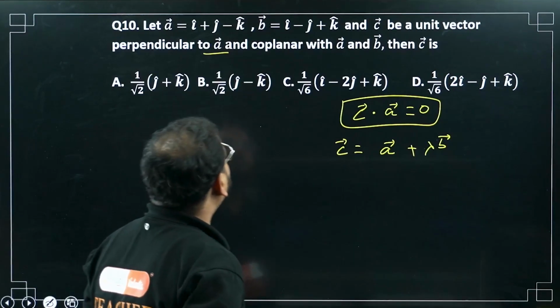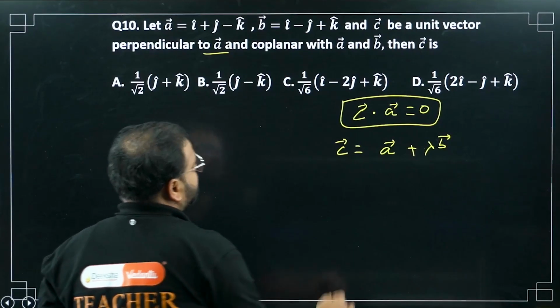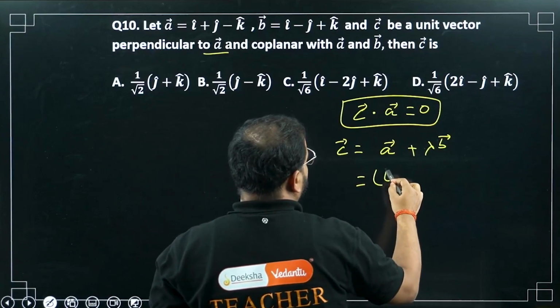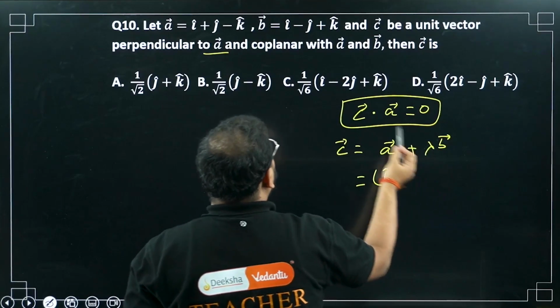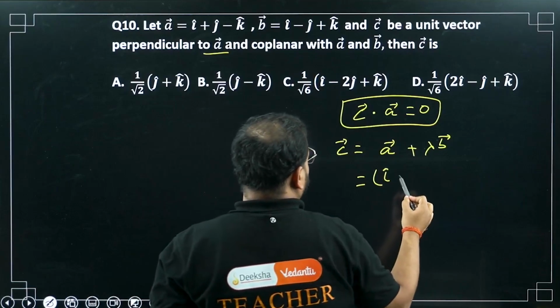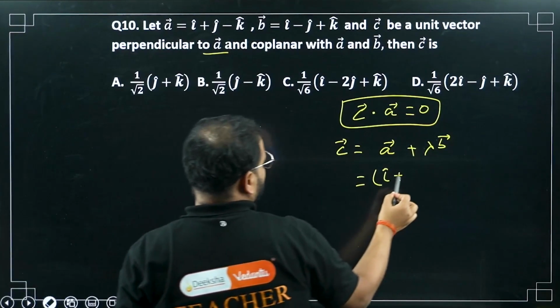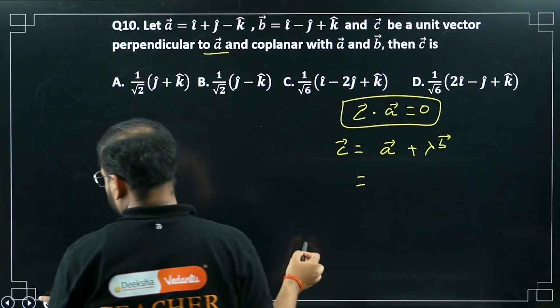I have the A and B values, so I can write here A plus lambda times B. Lambda times i means plus lambda i. I will write this condition, just one step extra.